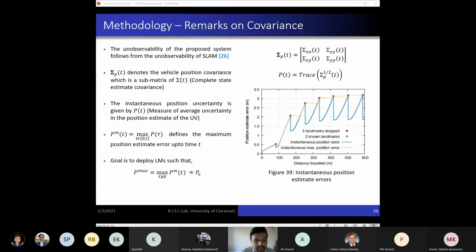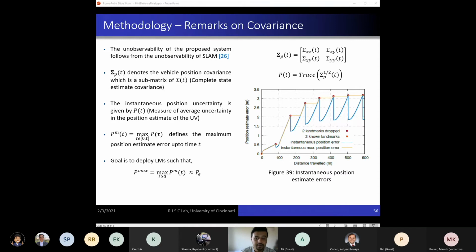Before diving into the details of the solution, let me first explain the parameter that we are trying to optimize, the metric. Every filter estimates the state of a system along with the corresponding uncertainty, or the covariance matrix.